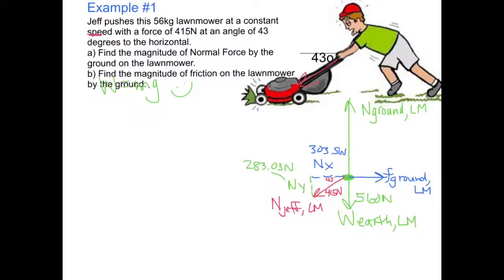So let's solve for the normal force by the ground on the lawnmower. If I create an equation for my up vectors equaling my down vectors, or all my vertical vectors balancing each other out, it looks like it's going to be normal force ground on lawnmower equals ny plus weight. I got that by saying that this has to equal this plus this, or they have to balance each other out.